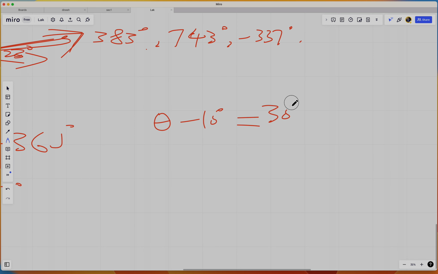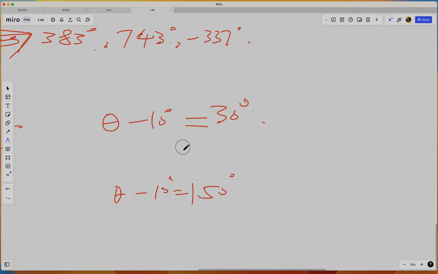If I get 30, then over here I get another value which is 150, right? Theta is equal to 40, theta is equal to 160, right? A lot of students, they will stop here. Do you know why? Because they never plus 360. Why do you need to plus 360 as my student?